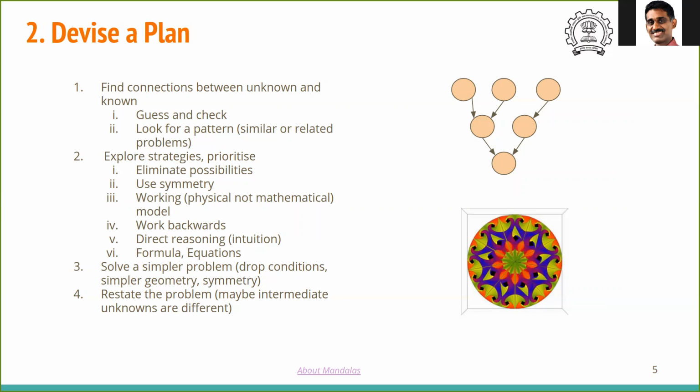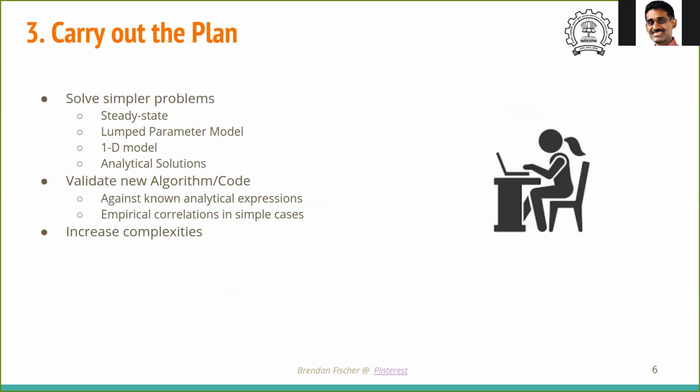So basically what you're saying is that I'm specifying the methodology that I'm going to adopt to solve the problem. I've not actually solved it. The next step is actually to carry out the plan. So carrying out the plan also you can simplify. Suppose you get a set of equations and you want to solve it on the computer.